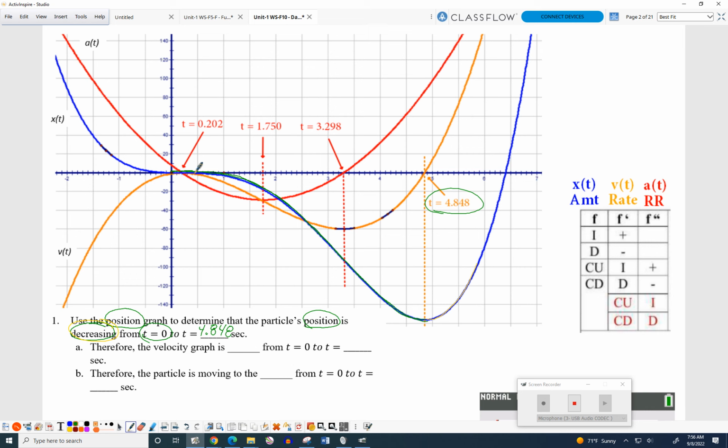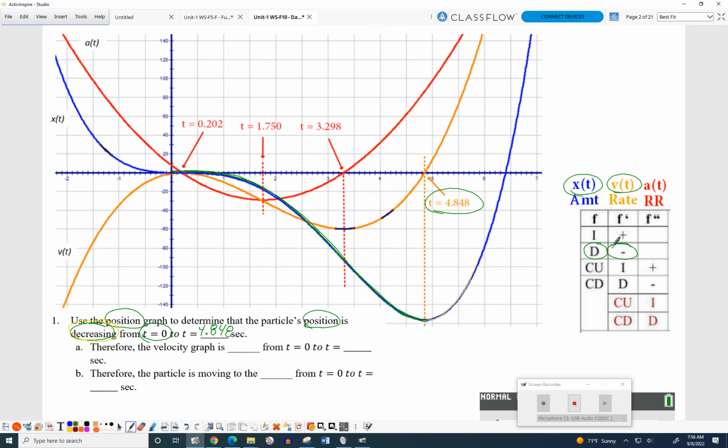Well, when the position is decreasing, you can be assured that the velocity will have to have negative values, because the velocity tells you how the position changes. So if the position is going down, the only way for the position to go down is if the velocity is negative.